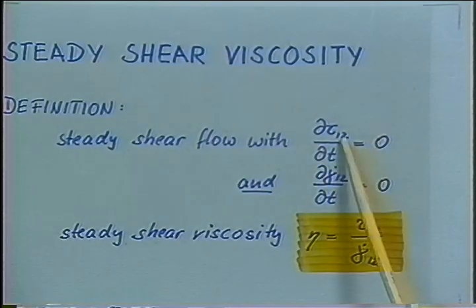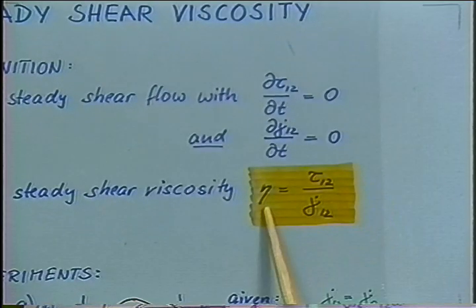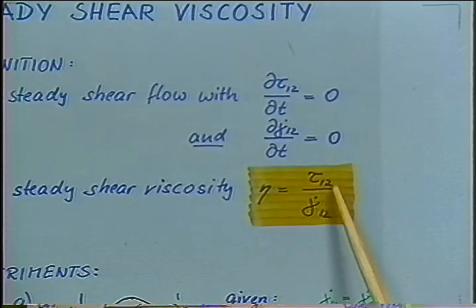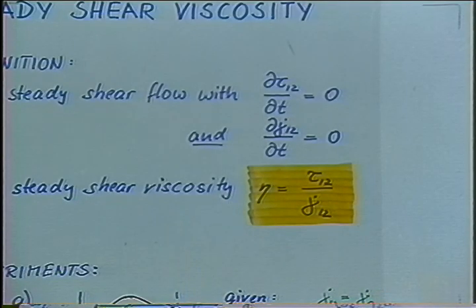So the shear stress is constant in time. The shear rate is not changing in time, and the result of that would be the viscosity as a ratio of that shear stress and shear rate, and that's the so-called steady shear viscosity, the only material parameter which we need to describe the shear stress in this type of flow.